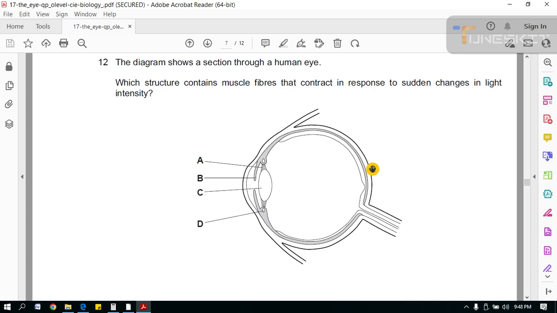So option B is correct here, right? So option B is correct. So in this MCQ, A is correct.